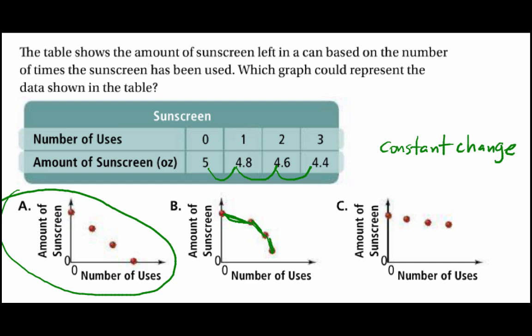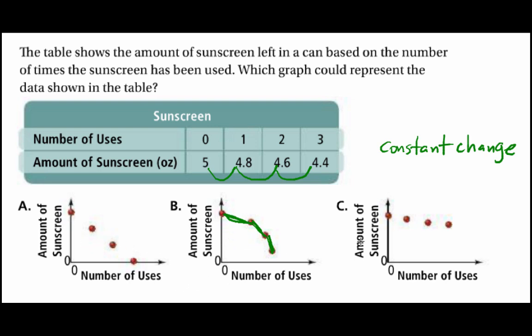And then the decrease is actually even greater from this point to this point. So that is not a constant change here, okay? So right away we can eliminate B.